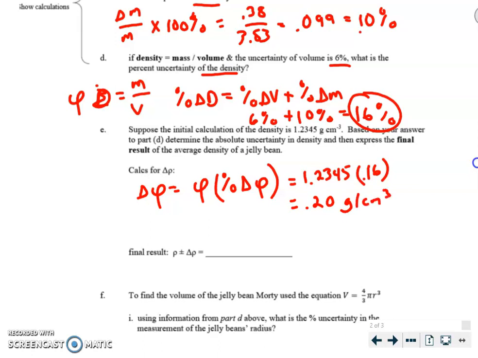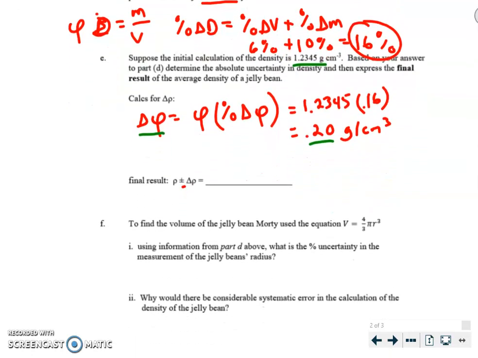So now for this next part, I want you to take your results for delta rho, that's what you just found, take the rho, the density which was given, and put it together where you're considering rounding. So this is the approach. I allow you to keep this to the nearest hundredth. So if you got your uncertainty to be 0.20, what that means is you need to round the density to the nearest hundredth.